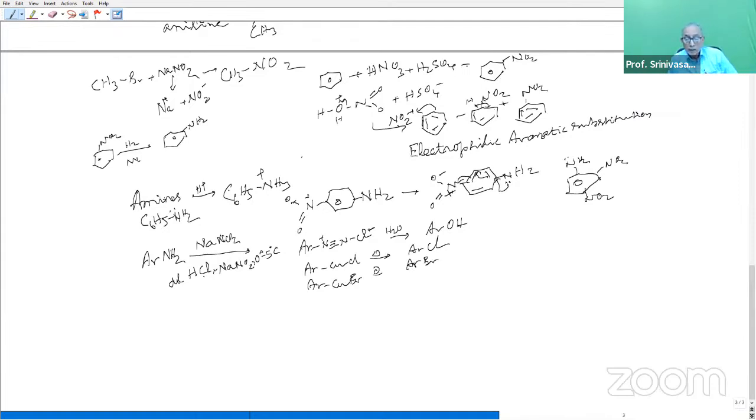You can have a fluoro compound with sodium fluoroborate.